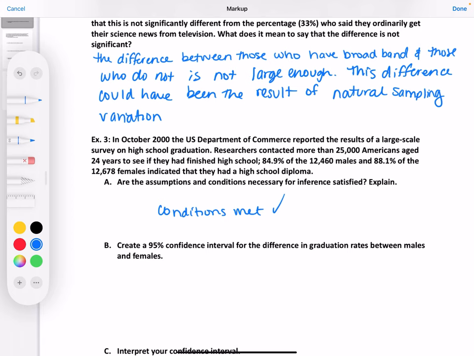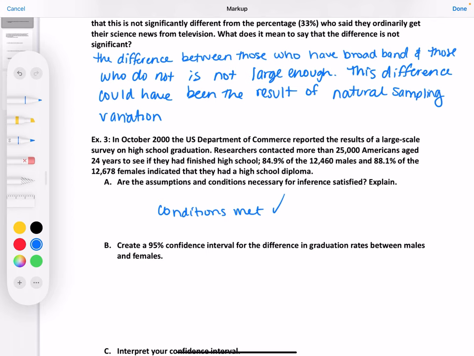Most of the time, it's going to be rare that the conditions aren't met, unless it's a question specifically asking exclusively whether the conditions are met. If they're asking you to actually solve something, they're going to be met. Or sometimes there's an alternative, like a couple chapters ago, where it didn't have to be independent if it was 10%. And sometimes you're making some assumptions, too, which is fine.